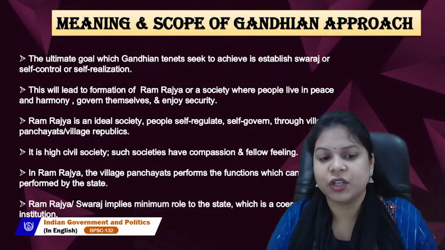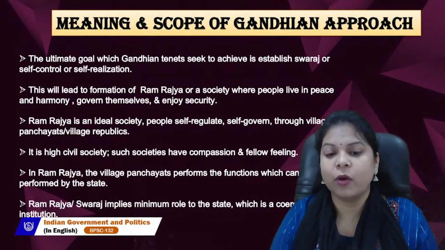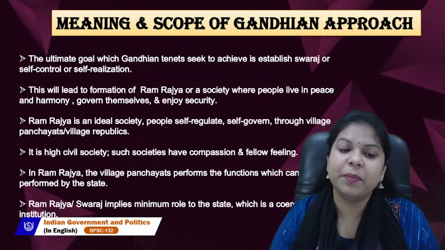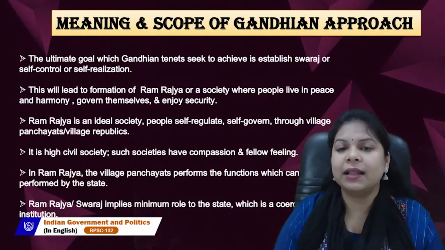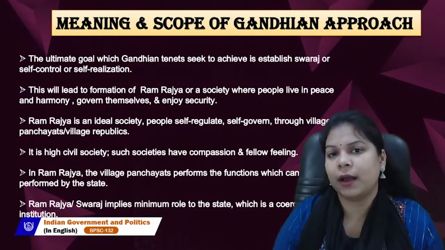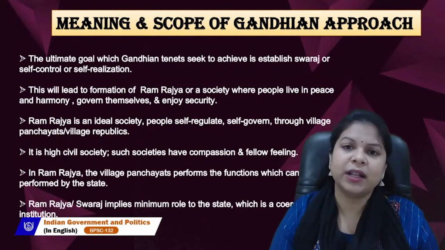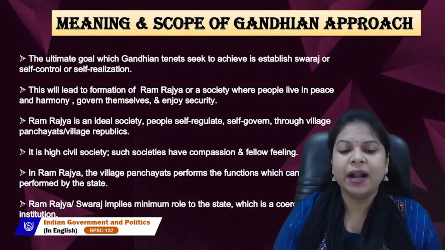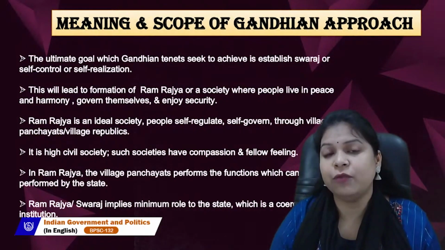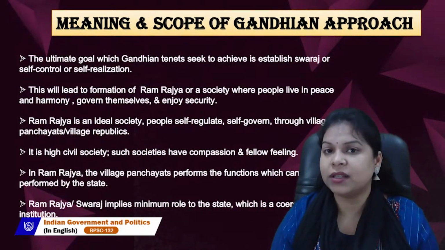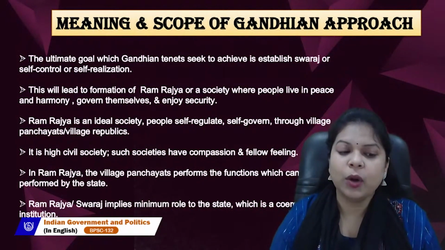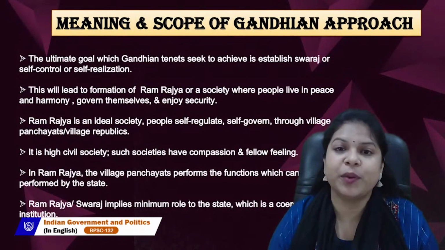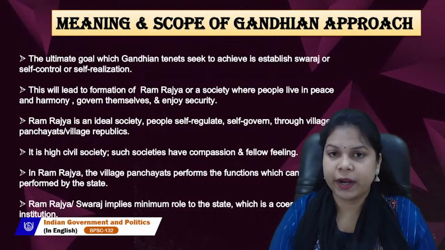In Ram Rajya, the village panchayat performs the functions which can be performed by the state. So Gandhi is not in favor of a state, but he talks about village panchayats which can also perform the works done by a state. He promotes village panchayats more as compared to states.